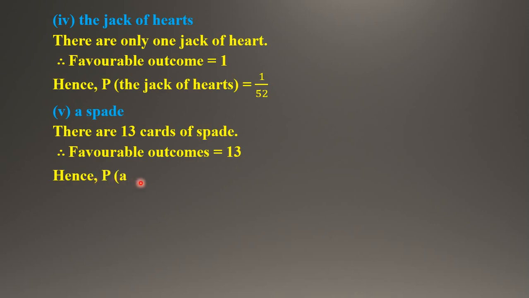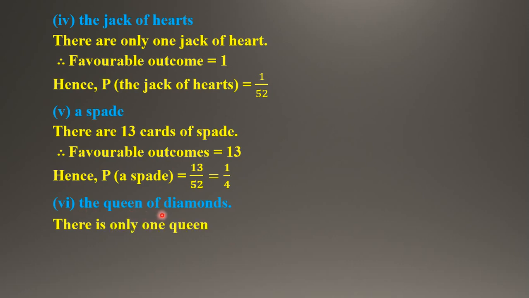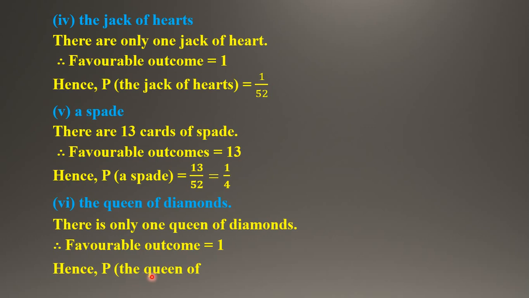Therefore probability of a spade is 13 upon 52, 1 upon 4. Favorable outcomes to the event upon total outcomes. Sixth, what is the probability of the queen of diamonds? There is only one queen of diamonds. Therefore favorable outcome 1. Hence probability of the queen of diamonds is 1 upon 52. This is question number 14.